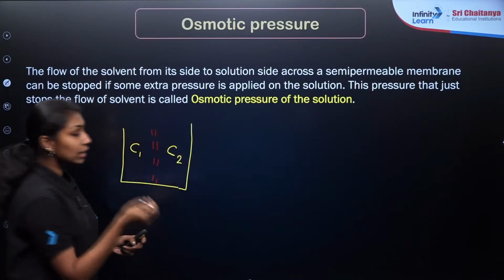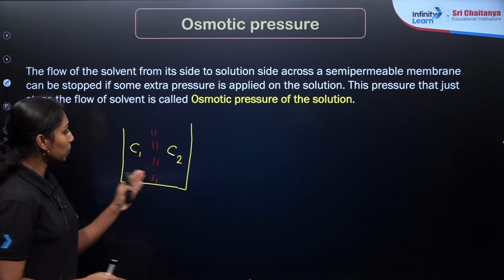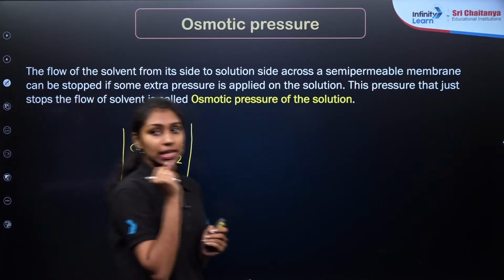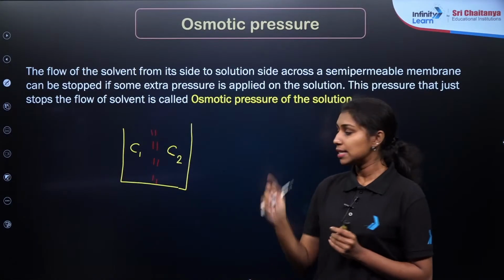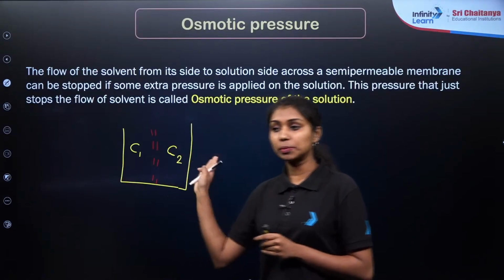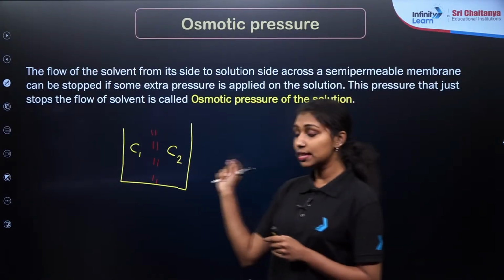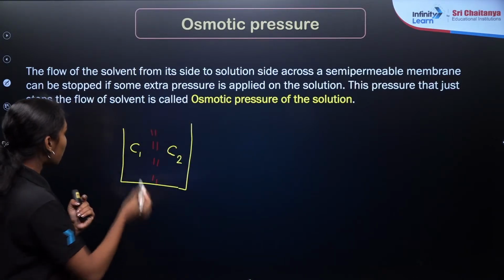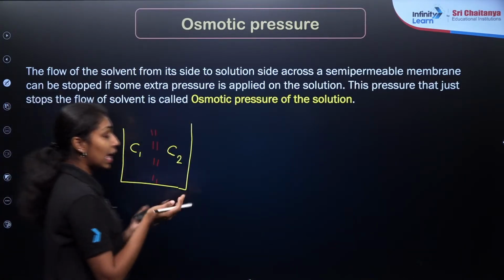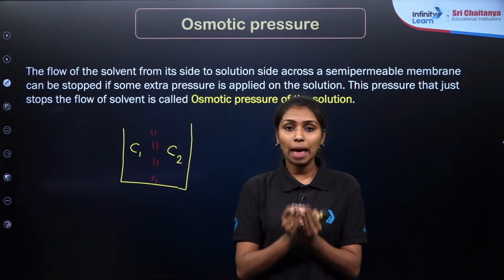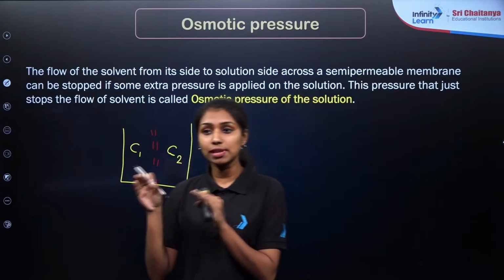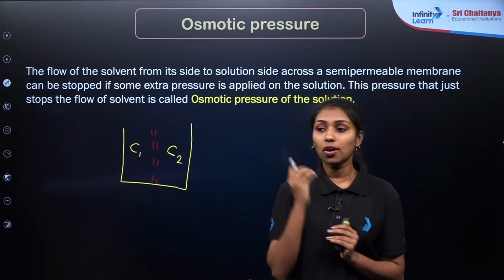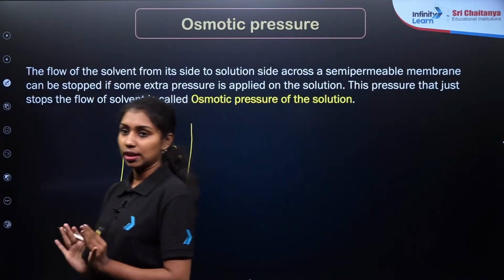The solvent particles will move from low concentration to high concentration until equilibrium is reached. Otherwise, they flow from low concentration to high concentration side. Then if I apply an extra pressure to the solution side, the process of osmosis stops. That particular pressure we are applying is known as the osmotic pressure of the solution. Is the thing clear?